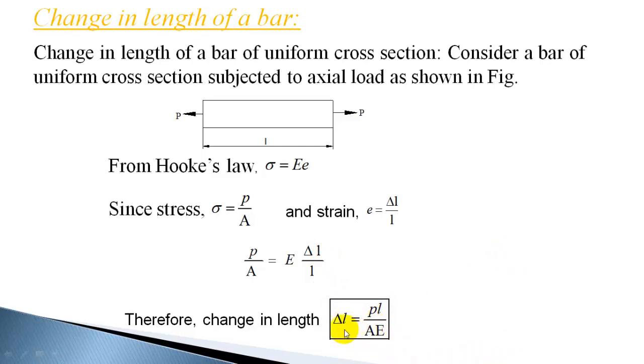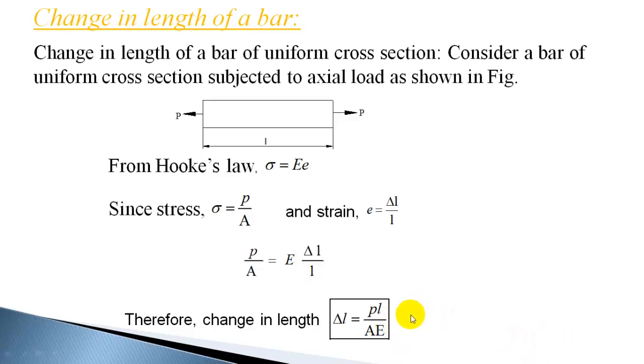So delta L is the change in length, and you can find it as PL by AE, where P is the axial load applied, L is the length of the bar, A is the area of cross section, and E is the Young's modulus of elasticity of the material.